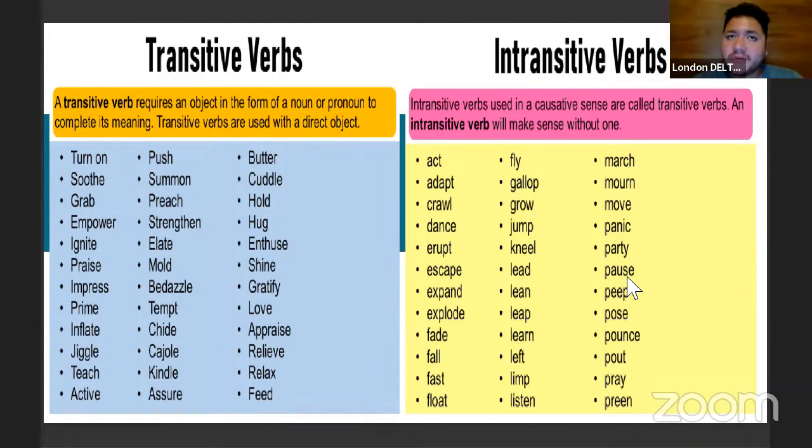Okay, de forma transitiva. You will need to say, the mom relaxed her son. Que sea la mamá relajó a su hijo. The mom relaxed her son. Pray. The priest prays. El sacerdote ora o reza.